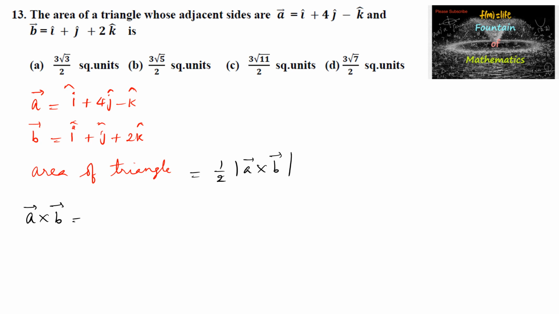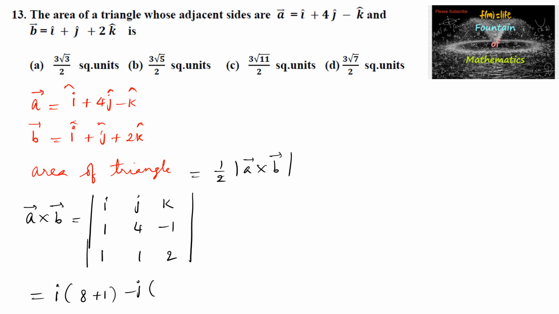A cross B is equal to the determinant of i, j, k, and the components here 1, 4, minus 1 for vector A, and 1, 1, 2 for vector B. So we can write here i times (4 twos are 8, minus of minus 1, plus 1), minus j times (1 into 2, 2 minus of minus 1, plus 1), plus k times (1 one is 1 minus 4).